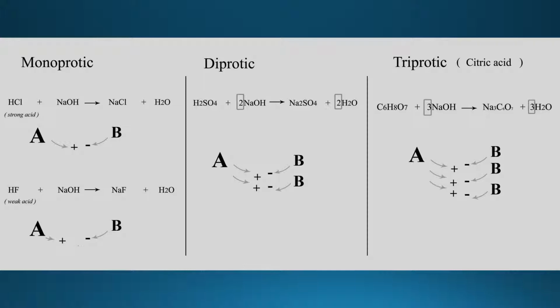Now, the last example we talked about is a monoprotic situation. When a monoprotic acid neutralizes a base, it releases one H plus ion, and the base releases one OH minus ion, so they are in a one-to-one relationship.